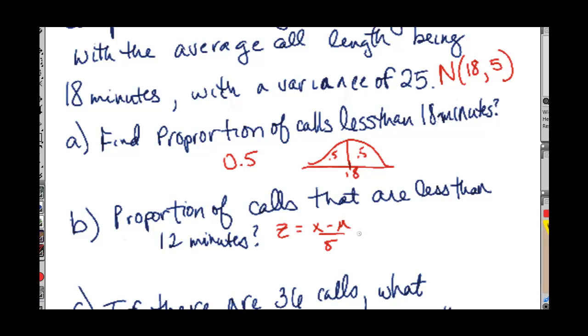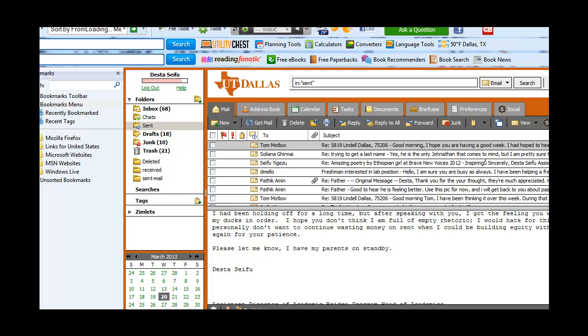Here x is 12, so 12 minus 18 over 5, which is negative 6 over 5, which should be negative 1.2, right? 6 divided by 5. Now we go to our Z-score table.